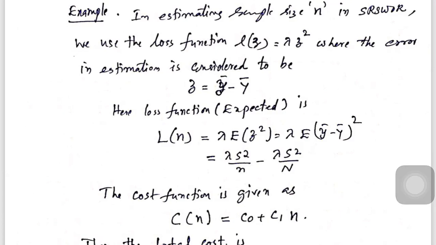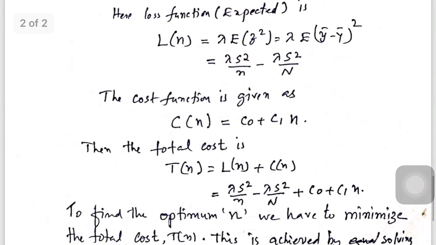In addition to this expected loss function, we need a cost function. For any survey, you can have a cost function, and here we consider a very simple cost function in the form C of n is equal to C0 plus C1 into n.